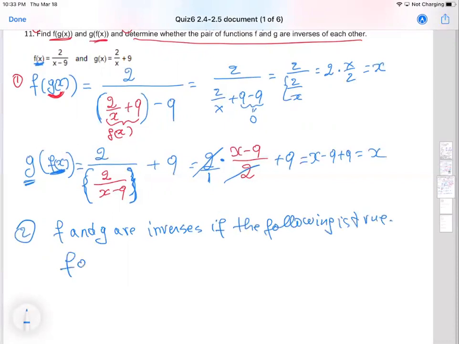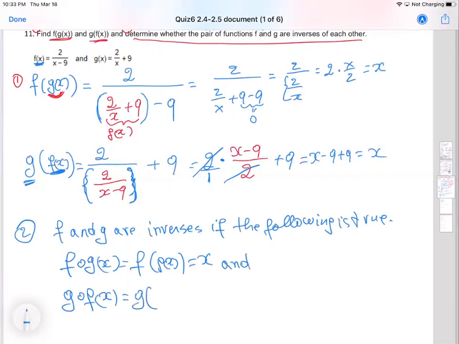F composed with g of x, which is f of g of x, is x, and g composed with f of x, which is g of f of x, is x. If both these two compositions are x, then f and g are inverses.